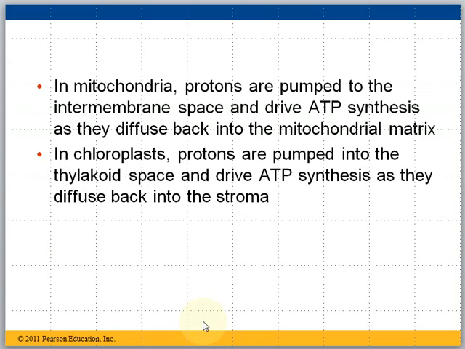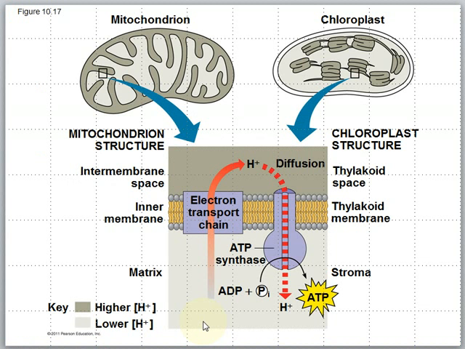Physically, in the mitochondria, the H plus protons are pumped into the intermembrane space, and then as they flow back through into the mitochondrial matrix, that's what drives ATP synthesis. In chloroplasts, those protons are pumped into the thylakoid space, and then as they diffuse into the stroma, they drive ATP synthesis from the ATP synthase, which is located in the thylakoid membrane.